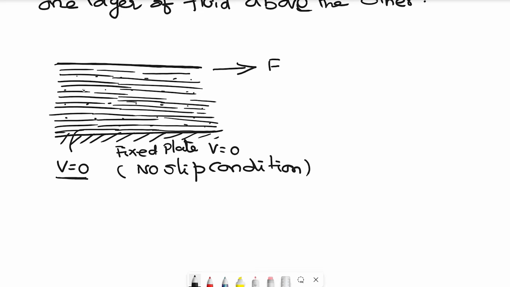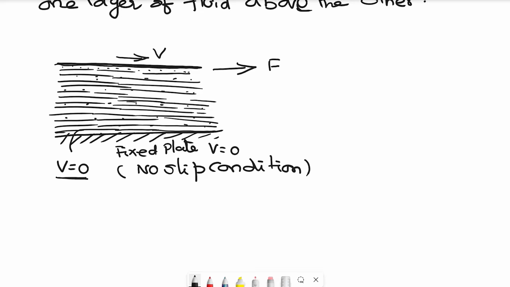Whereas the next layers will not have zero velocity. They will have velocity because this top plate is now dragged with a force of F. So naturally, the particles which are adhering to it will be moving with some velocity V, right? So the velocity is changing from zero at the fixed plate to V at the moving plate. That means the layers will have different velocities ranging from zero to V. That is what we should understand.